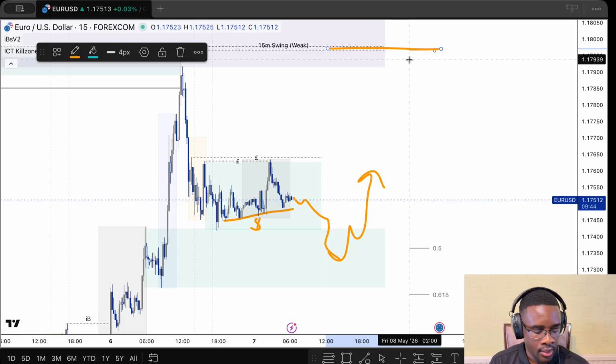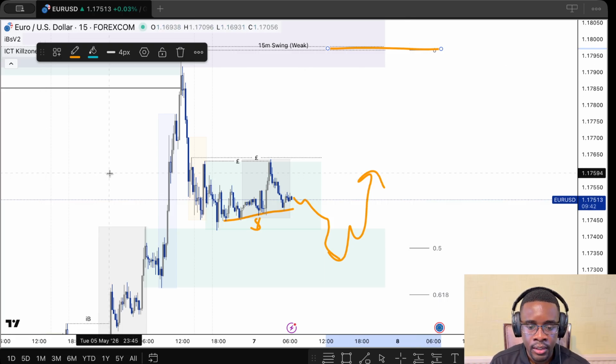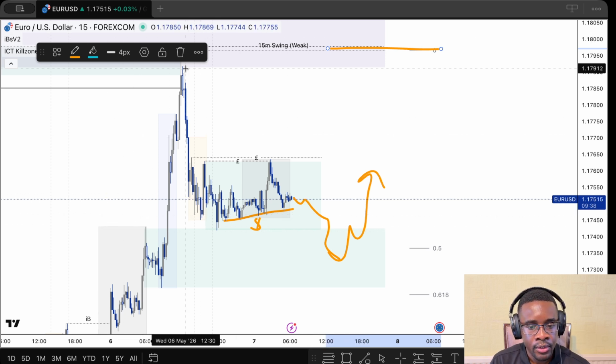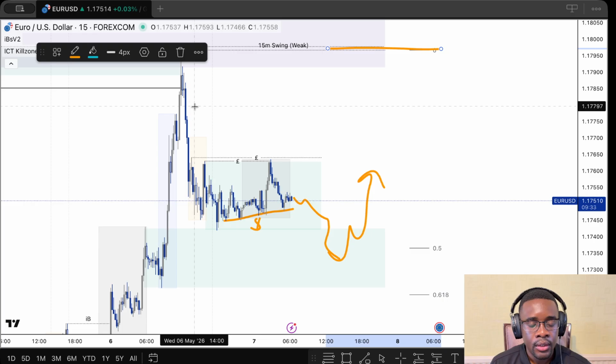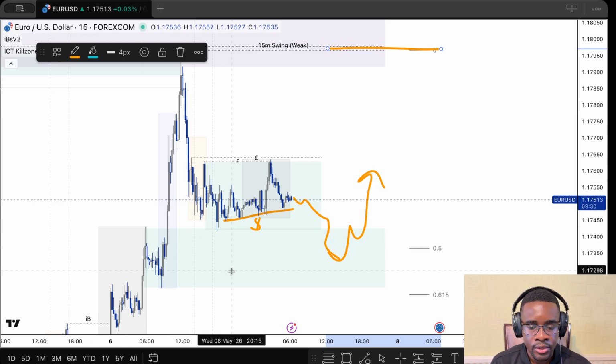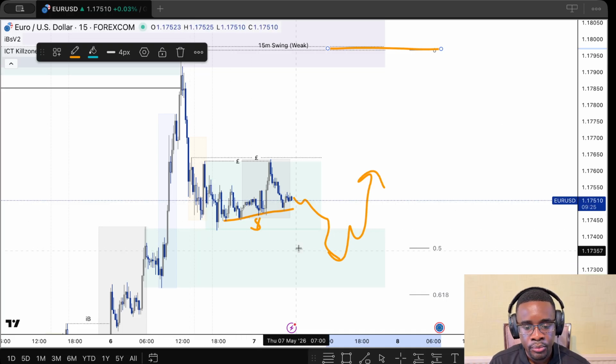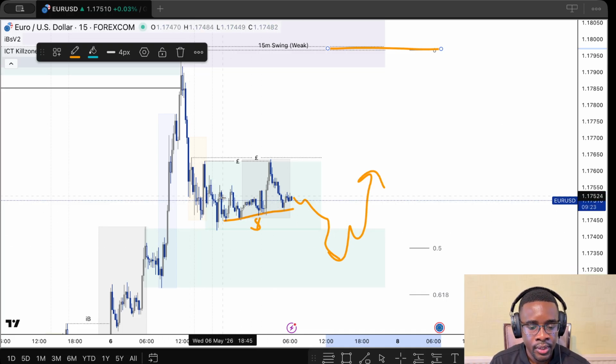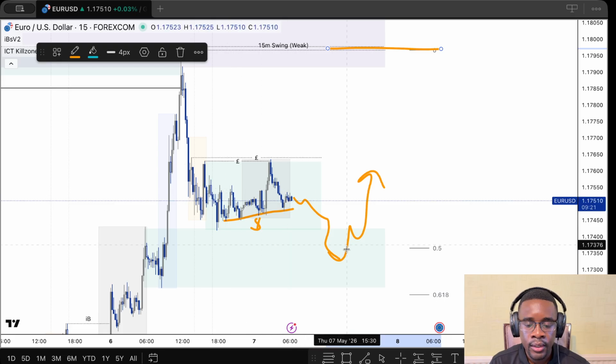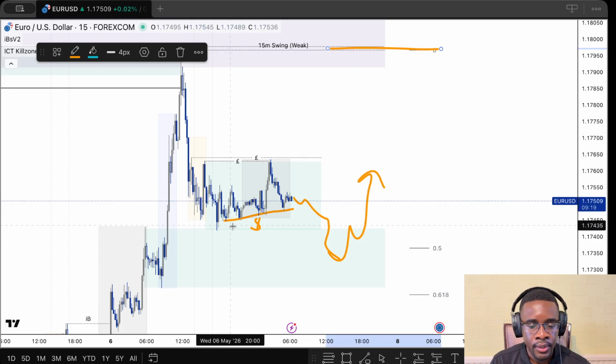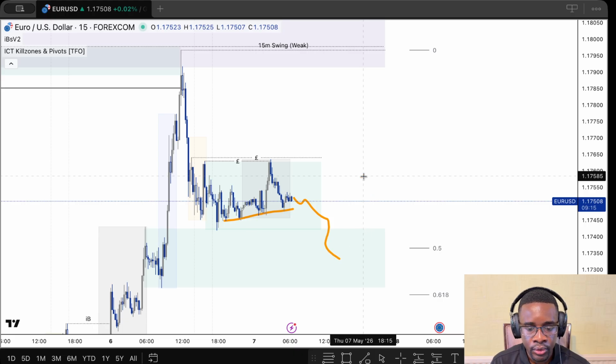Whether it does it today again like it did yesterday, we don't know, but this would be the expectation that this is a weak high and internally we are bullish. Swing is also bullish. Okay, and we've mitigated the decisional, which led to the break of structure. So expectation is that the pullback could now be complete. As we can see, price came and then started stalling, and so we could expect that price can now continue bullishly from this point onwards.